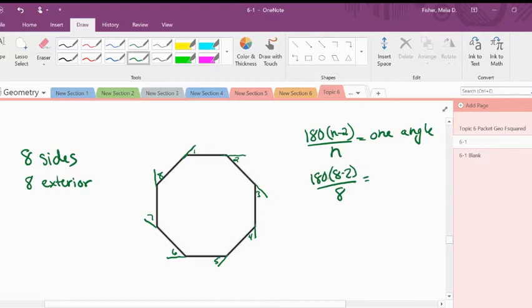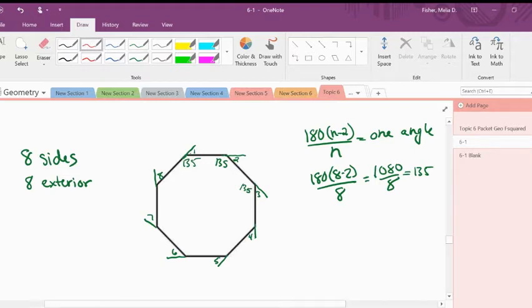And that equals 1080 divided by 8, which is 135. So each of these angles inside here is 135 degrees. And all of those are going to be 135 if this is a regular polygon.